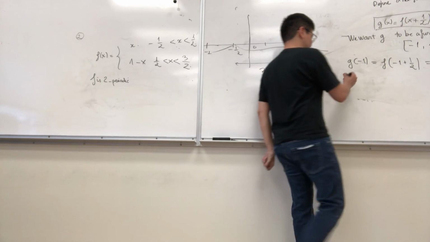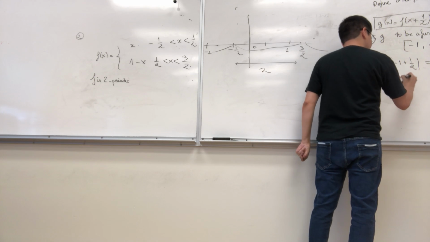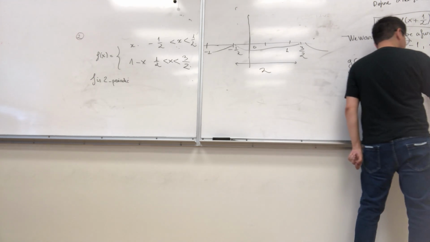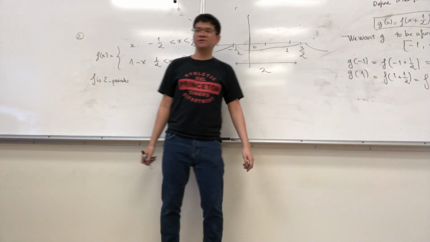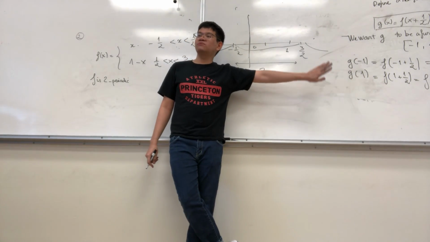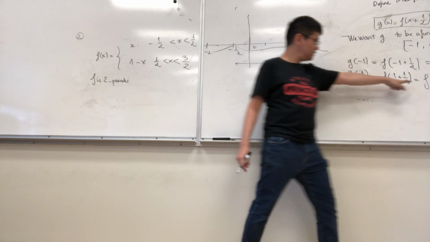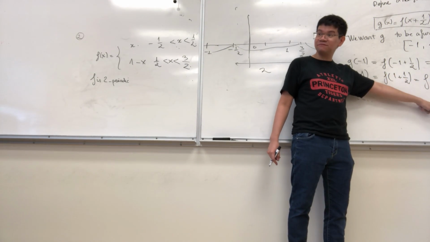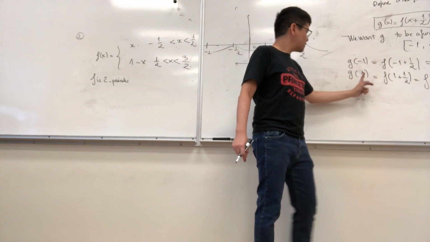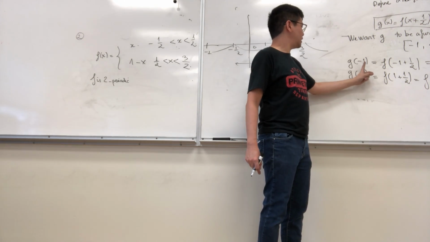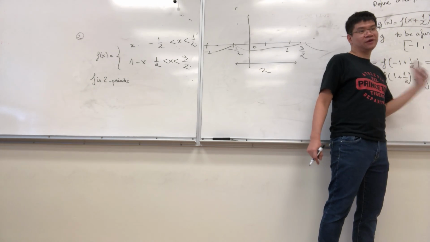So I'm going to check g of 1. So g of 1 will be f of 1 plus 1/2, and this is f of 3/2, right? So which means that the value when x is equal to 1 of g is going to be the value of f at 3/2, right? Which means that the two boundaries now are -1 and 1 instead of -1/2 and 3/2.